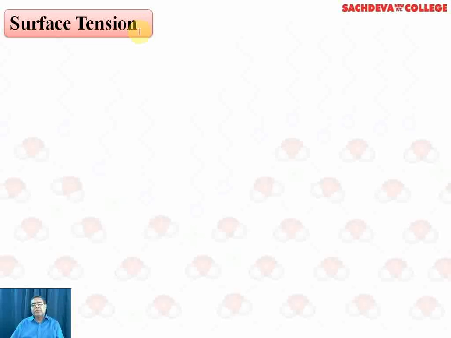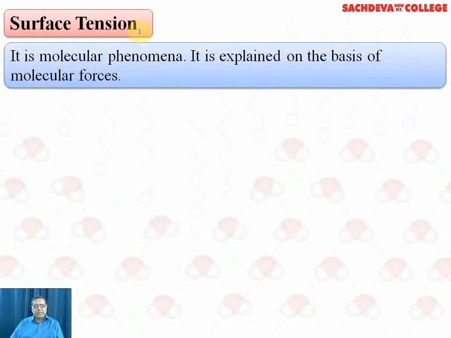Here tension means a kind of force. Surface means we are involving the volume as well as area. So it is a molecular phenomenon. It is explained on the basis of molecular forces, as we have just now expressed. The intermolecular forces are attractive in nature, and moreover they depend upon the nature of liquid.